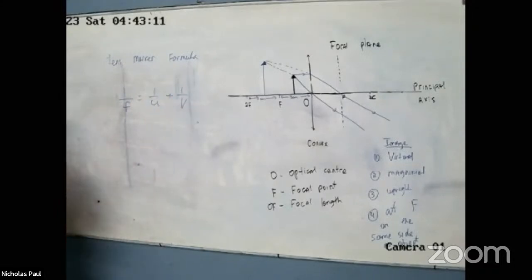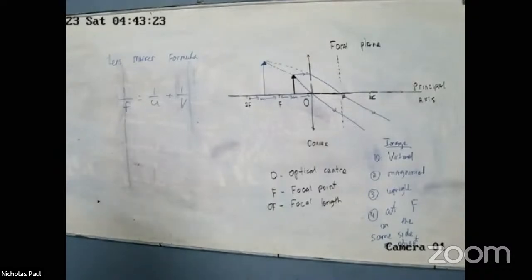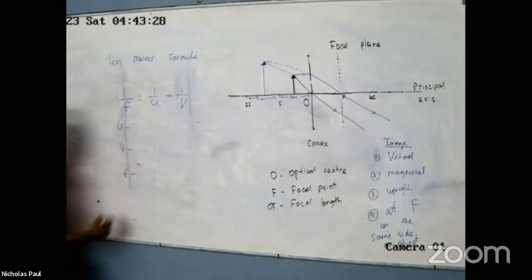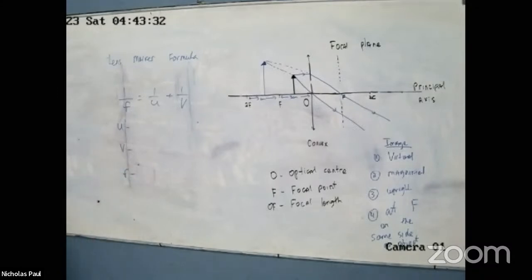The lens maker formula allows us to determine the properties of the image.